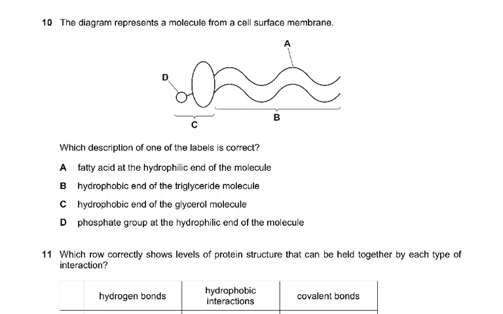So you see, fatty acid at the hydrophilic end, no. These fatty acids form the hydrophobic part, this is the hydrophilic part, the phosphate heads. So that is why the answer is D. But why is A wrong? Fatty acid at the hydrophilic end. No, fatty acids make the hydrophobic part. Hydrophobic end of the triglyceride molecule. This is not the end, it is the fatty acid tails, which is the hydrophobic side of the molecule. Hydrophobic end of the glycerol molecule. No, that is the hydrophilic. The glycerol is somewhere here.